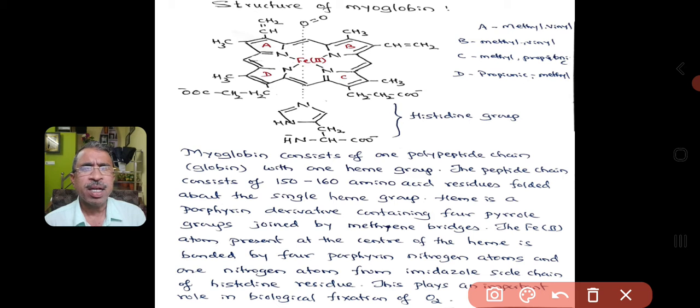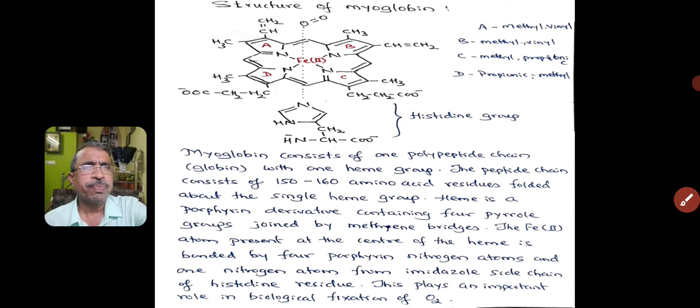The ferrous ion present at the center of the heme is bound by 4 porphyrin nitrogen atoms and 1 nitrogen atom from the imidazole side chain of the histidine residue. This plays an important role in biological fixation of oxygen.